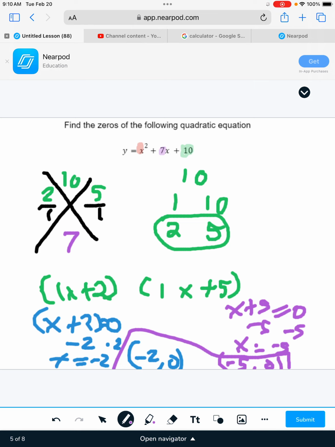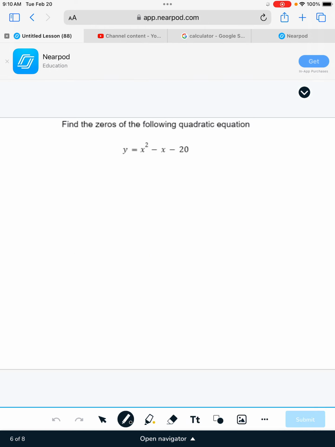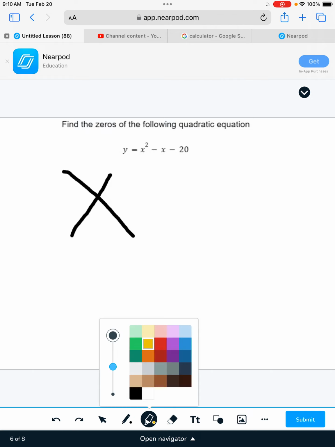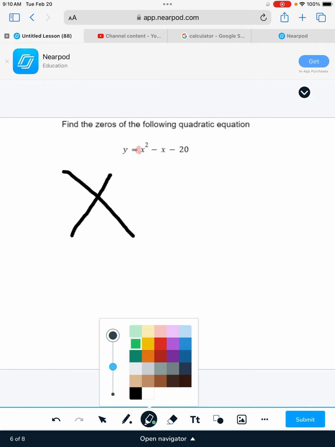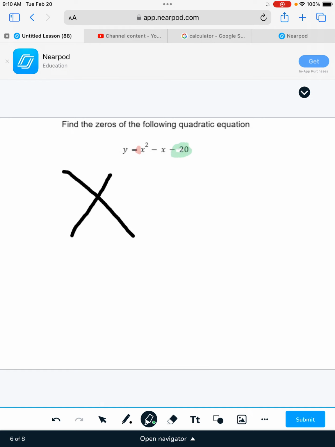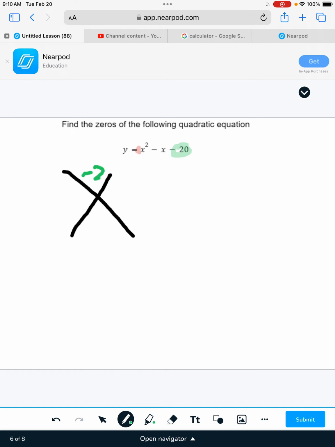We're going to do it again on the next one. We're going to draw an X. A times C. A, nothing there, it's just 1. C is the last number over here, and that is going to be my minus 20. 1 times negative 20 is negative 20.